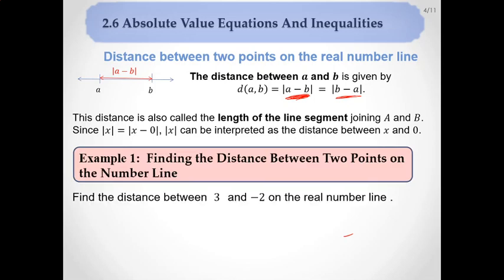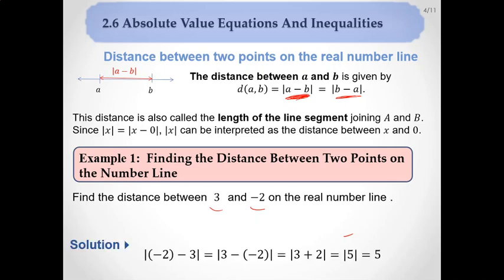Now let's use this in this question. Find the distance between 3 and negative 2 on the real number line. So basically the distance between them is the absolute value of the difference between them.